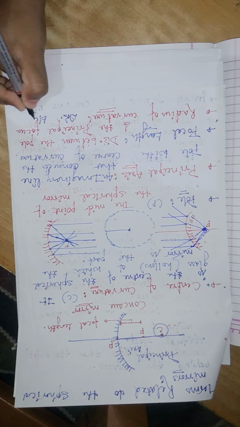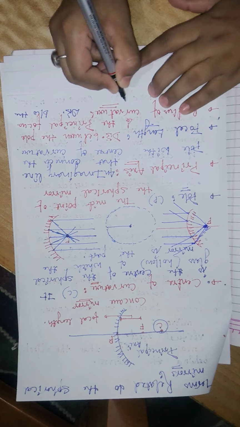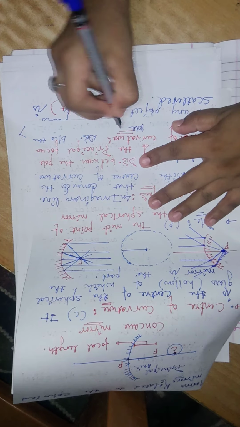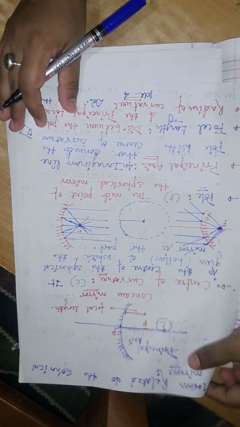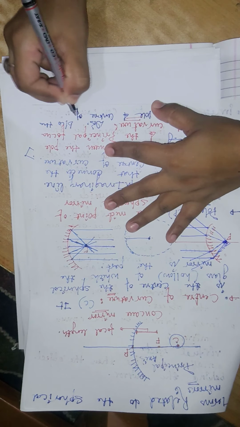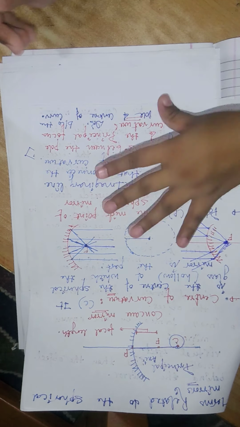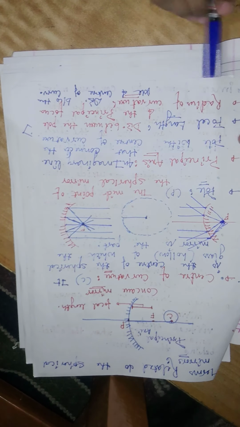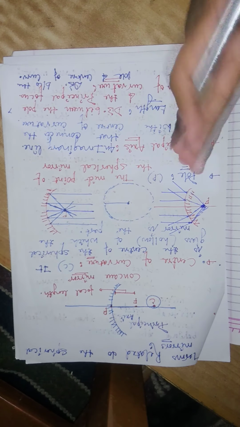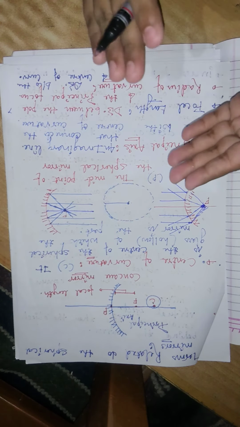The distance between the pole and the center of curvature of the spherical mirror is termed as the radius of curvature.